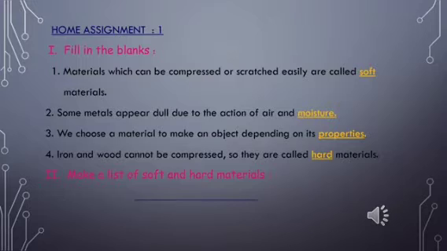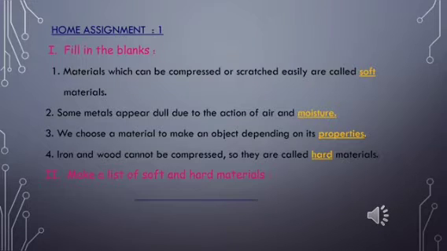Second main, make a list of soft and hard materials. You can make two columns. First column soft materials, second column hard materials, and you can write as many examples as you know.